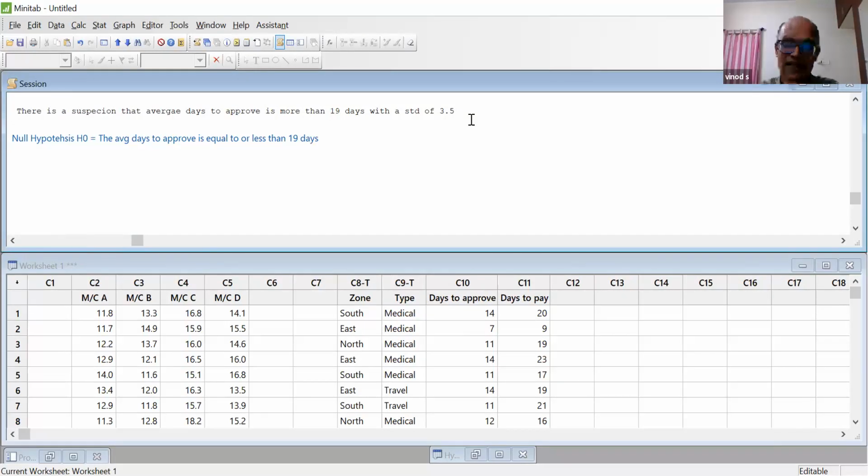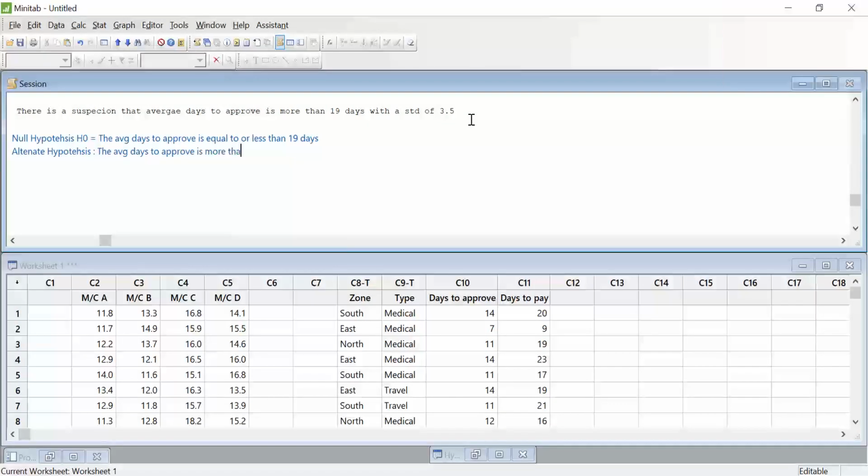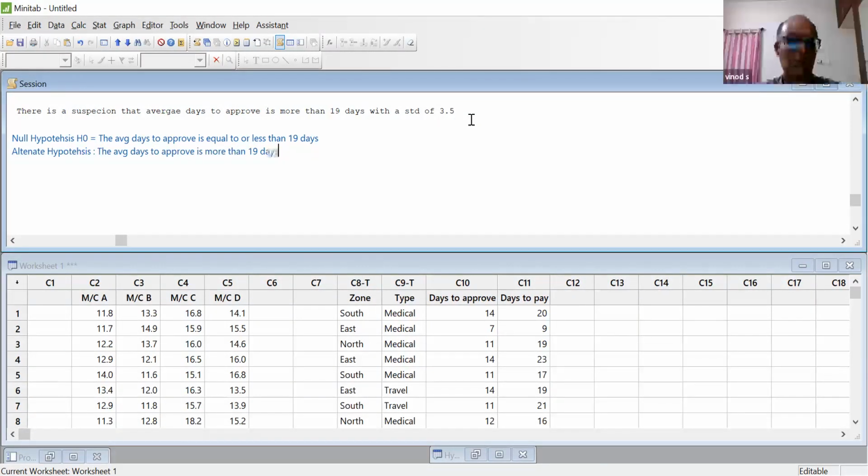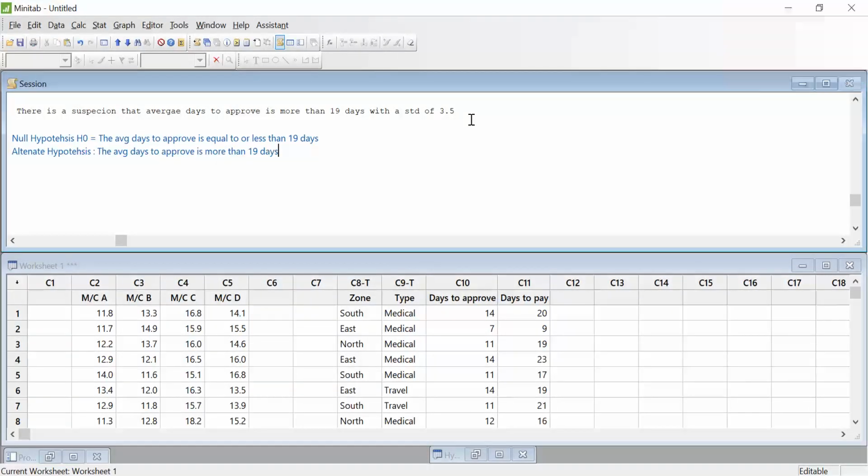Then the next one is the alternate hypothesis. So what is the alternate hypothesis? Similar to that, the average days to approve is more than 19 days. So this is your alternative hypothesis.